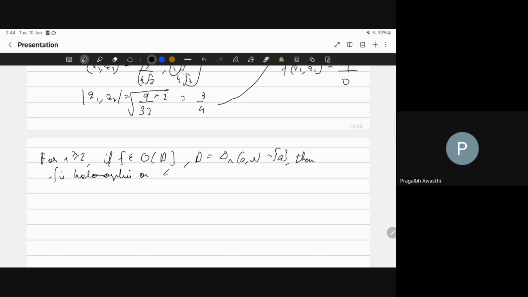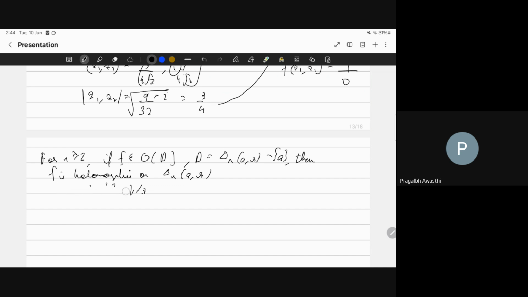Sorry, on the entire polydisk. Again, this is in sharp contrast to the one-dimensional case, because if you remove a point from the ball B(0,1) minus 0, then of course 1 by z is holomorphic on this, but not extendable to the entire thing.